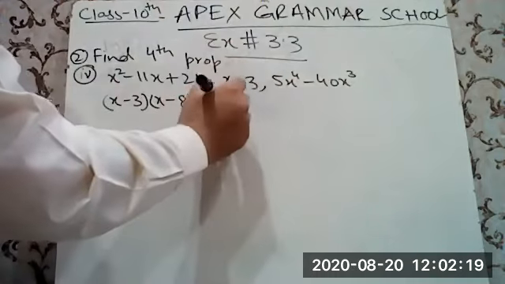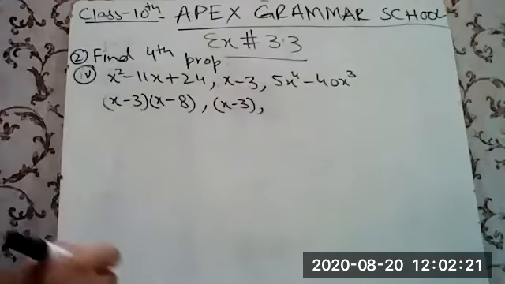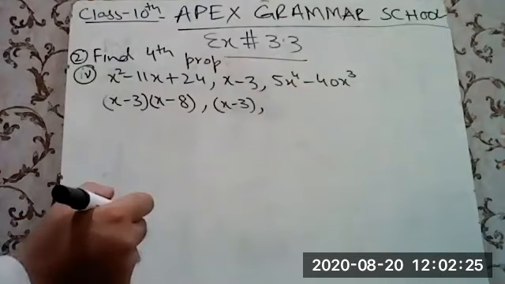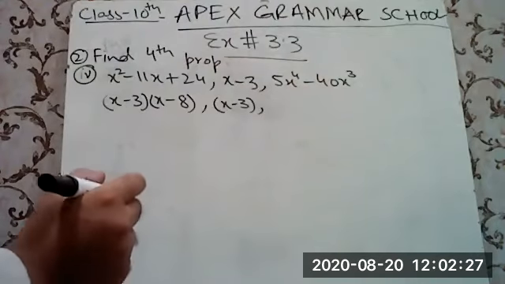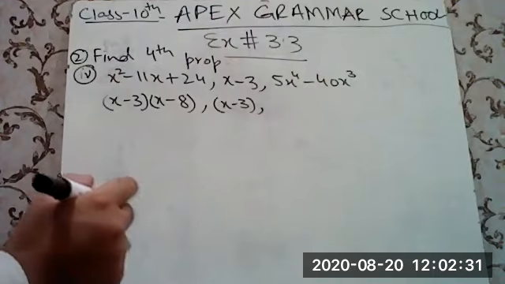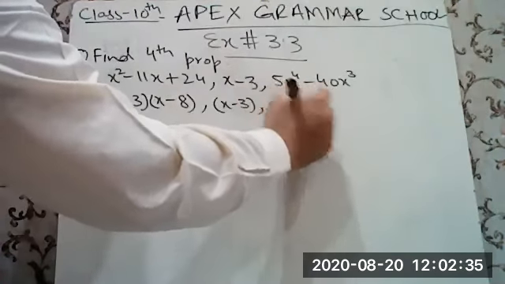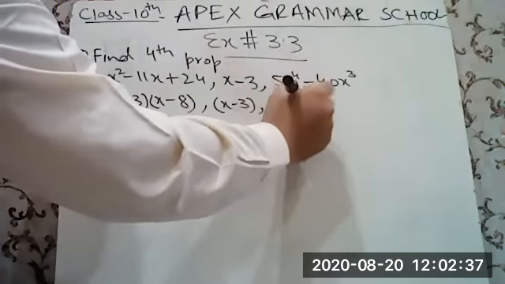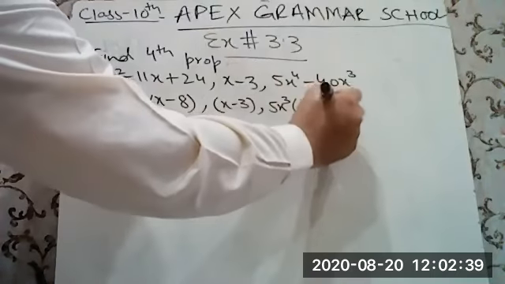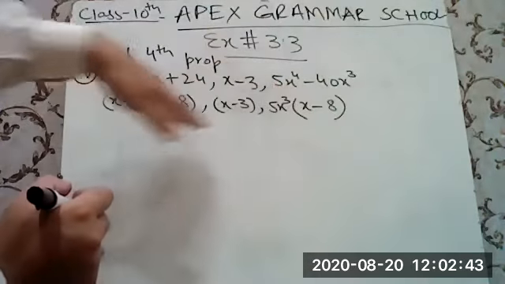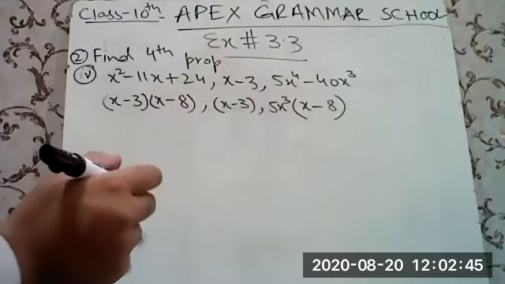This x minus 3 is already factorized. And what about this one? You can see that 5 is common here, x cube is common here. So you can take 5x cube common from here. After taking this common, x will be left here, minus 5 eights are 40, and x cube is also here. So these three are now in factorized form.